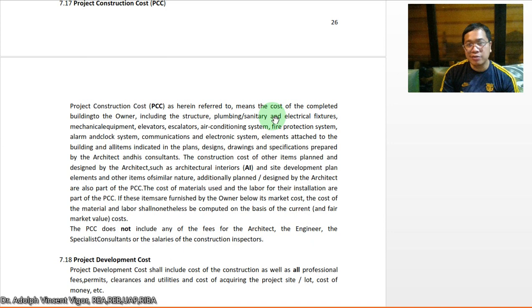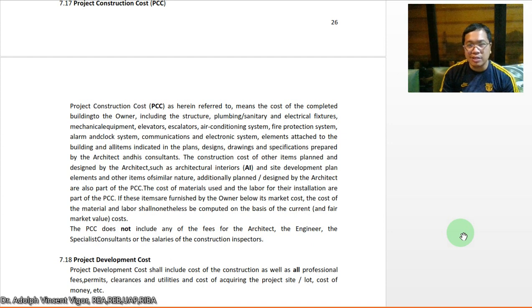Then project construction cost, as herein referred to, means the cost of the completed buildings to the owner, including the structure, plumbing, sanitary and electrical fixtures, mechanical equipment, elevators, escalators, air conditioning systems, fire protection systems, alarm and clock systems, communication and electronic systems, elements attached to the building, and all items in the plans, designs, drawings, and specifications prepared by the architect and his consultants.